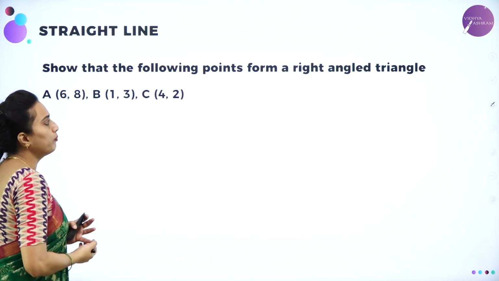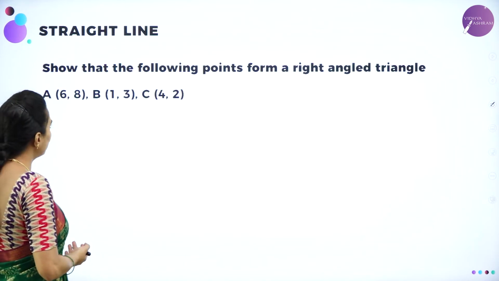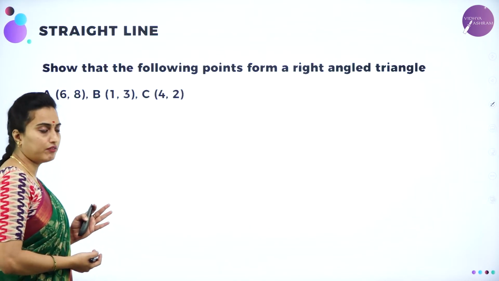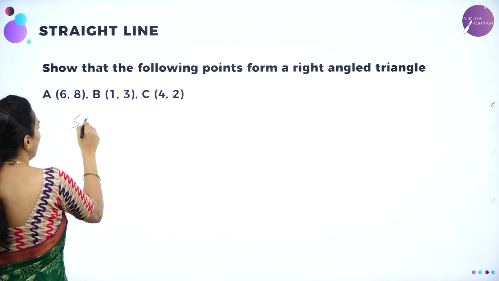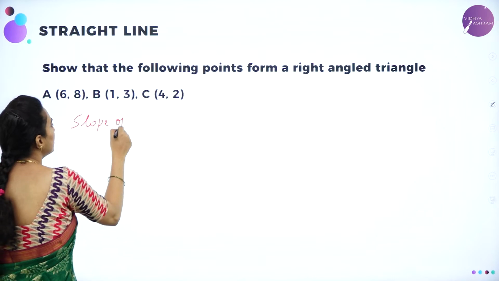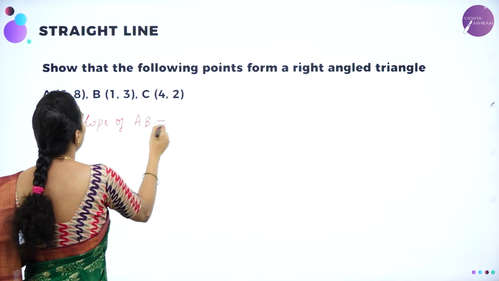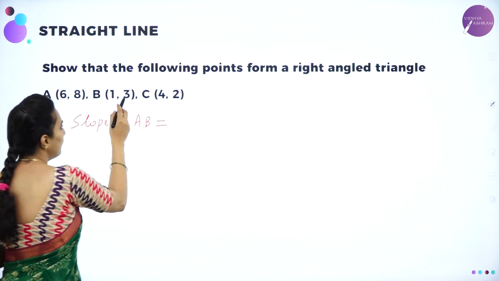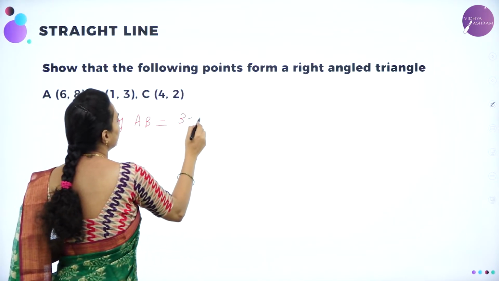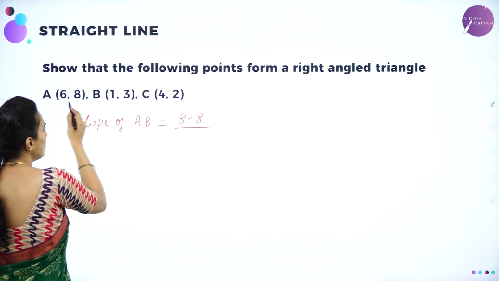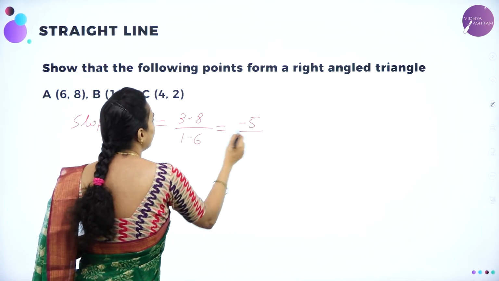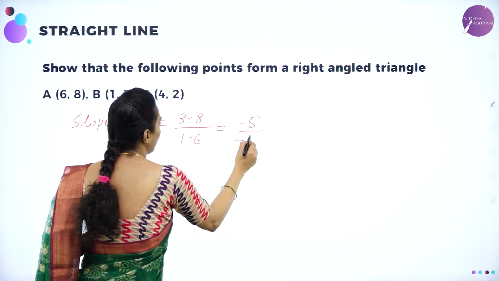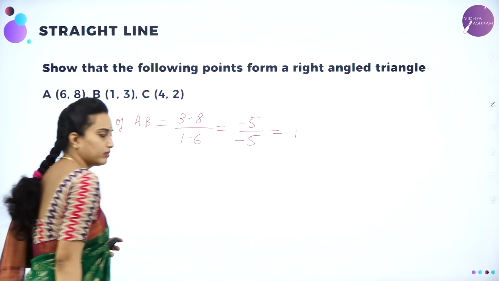Show that the following points form a right angled triangle. Here also they have given the same question, but with different points. So here let me find the slope of AB. Slope of AB is y2 minus y1 by x2 minus x1, that is 3 minus 8 by 1 minus 6. 3 minus 8 is -5, 1 minus 6 is -5, which implies 1.